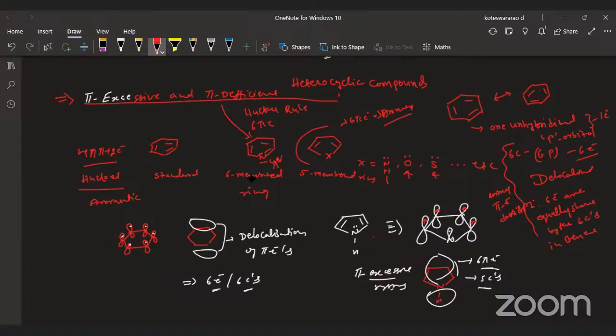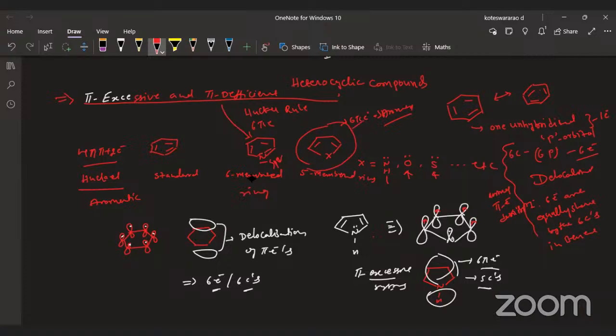Now coming to 5-member rings, where X is replaced with NH, oxygen or sulfur. These heteroatoms donate their pair of electrons to the ring system. How many atoms are there in the ring? 5 atoms. How many electrons? 6 electrons.